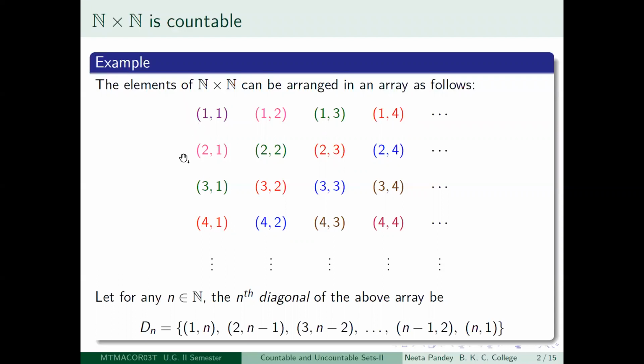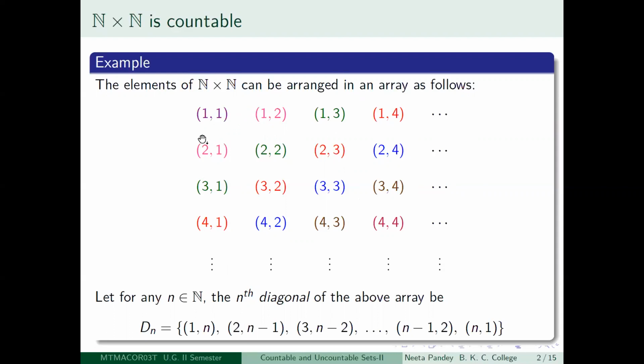So we have arranged our N cross N in this lattice or array form, and you see that I have color coded this whole array in a certain fashion. I am going to look at diagonals of this form in this array.